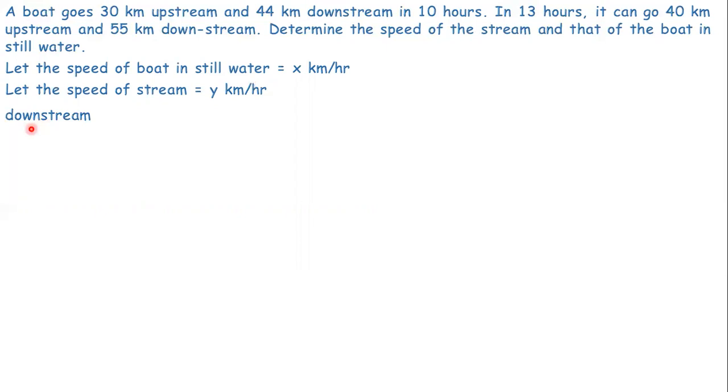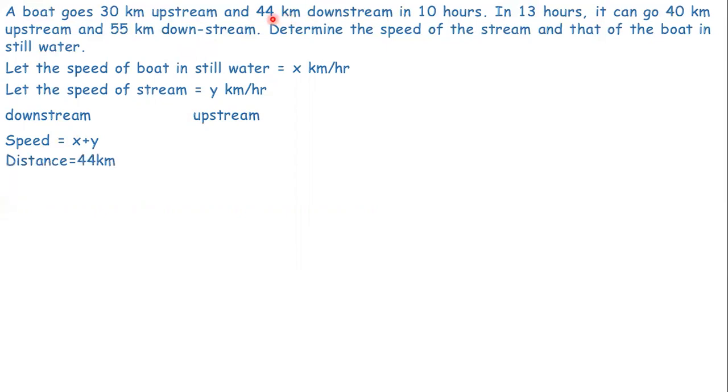Now we have downstream and upstream. Speed in downstream will be x plus y, speed of the boat plus speed of the stream. What is the distance traveled in downstream? That is 44 kilometers.